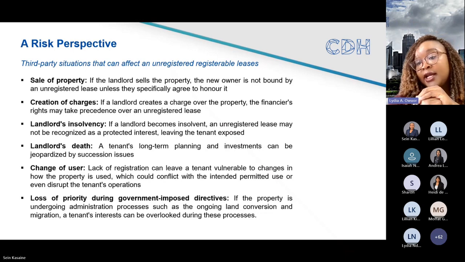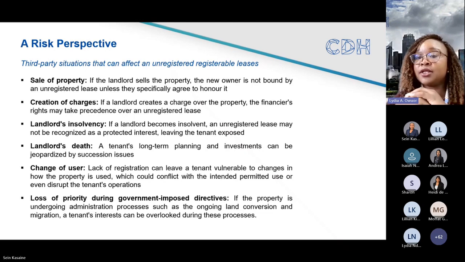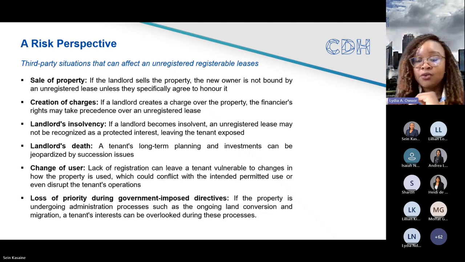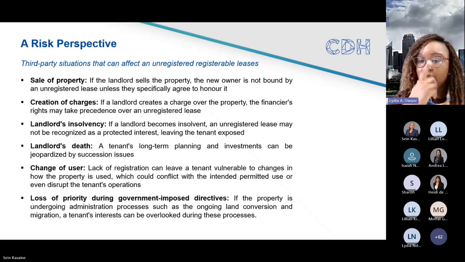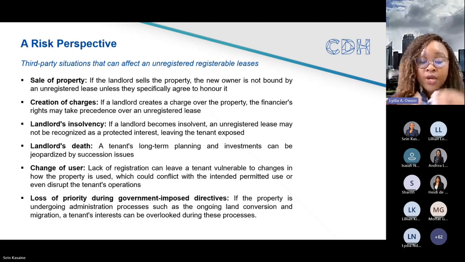Whenever a lender finds that there's a lease that has been registered and they feel it minimizes their security, they can always ask for a subordination. Then a deed of subordination is procured, and the lender's interest would rank higher. But back to the exposure of the tenant who has not registered their lease: you are exposed in that you can't enforce your rights when the lender is enforcing theirs.